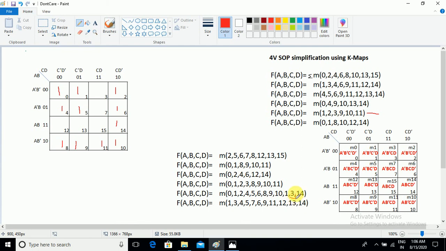Okay, it is a 13 value, 13. Okay, now 13. So this is one group.